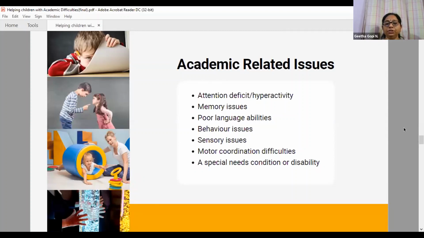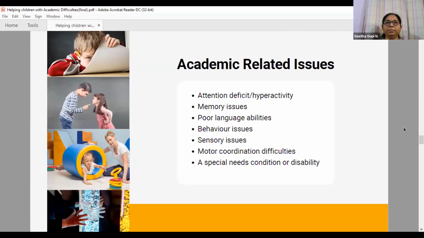Sensory issues, some of the children may also display sensory issues, particularly those children who are on the autism spectrum. Many of them have an overreaction or an underreaction to certain kinds of stimuli, usually visual and auditory stimuli. Sometimes, lights, noises in the class.